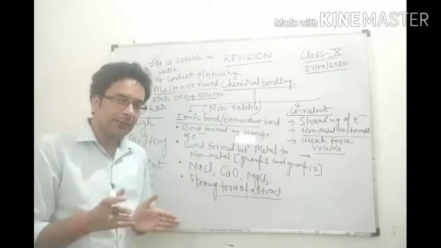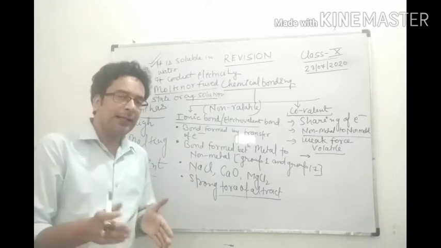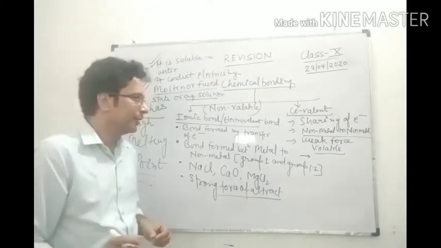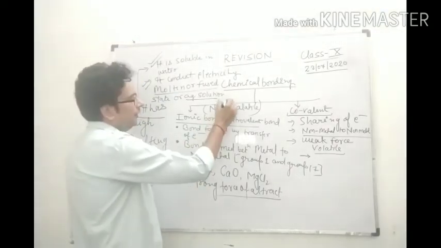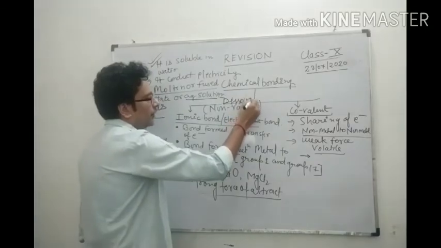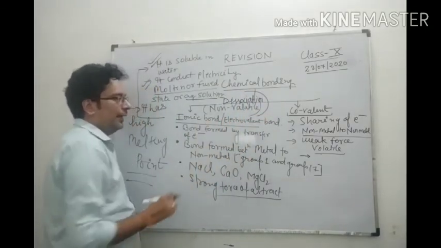When ions which are already in the ionic state separate from each other, the process is known as dissociation. Dissociation occurs in electrovalent compounds.